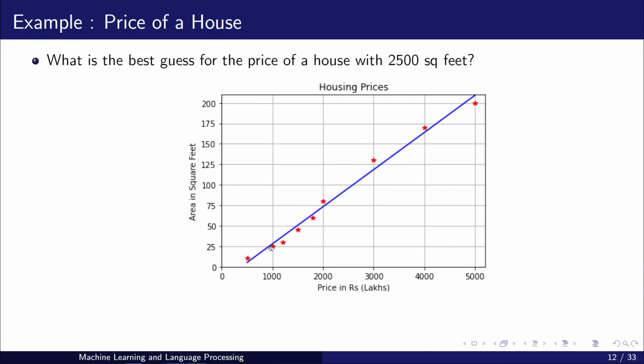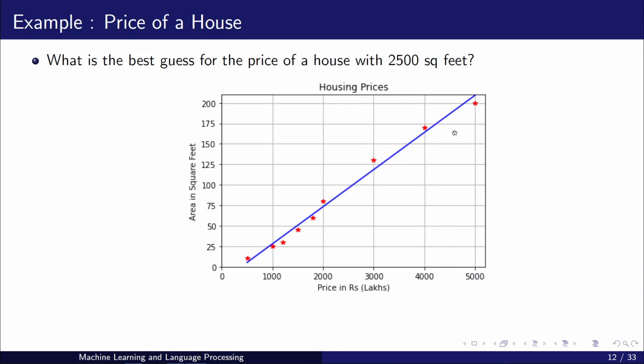These red points are the data we have collected, and using this data we'll draw a line like this. Now this is our model. Using this line we'll be able to say what the price is for a 2,500 square feet house. A 2,500 square feet house is 100 lakhs. That is the best guess for the price of a 2,500 square feet house using this data.